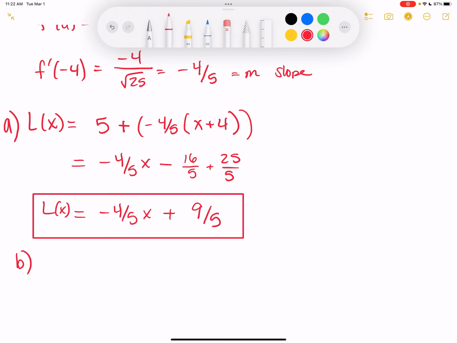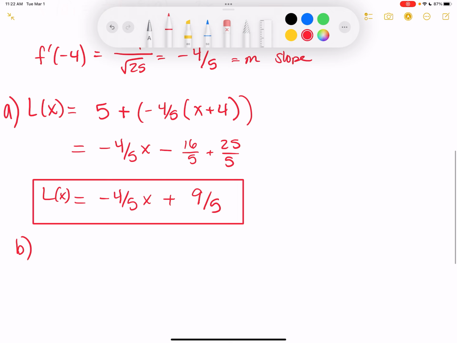Part B says to figure out how accurate the approximation is by doing L of a plus 0.1 and f of a plus 0.1. So a plus 0.1 is negative 4 plus 0.1, which is negative 3.9.